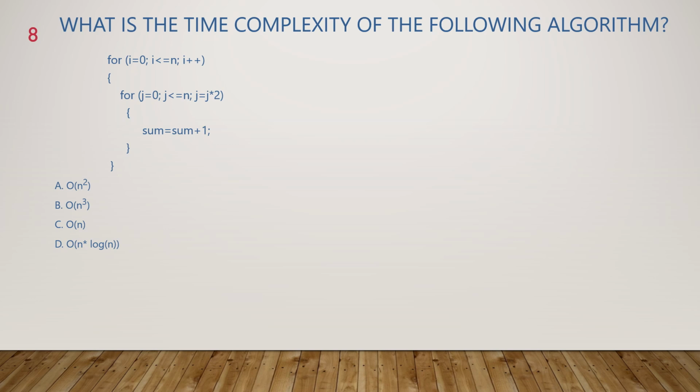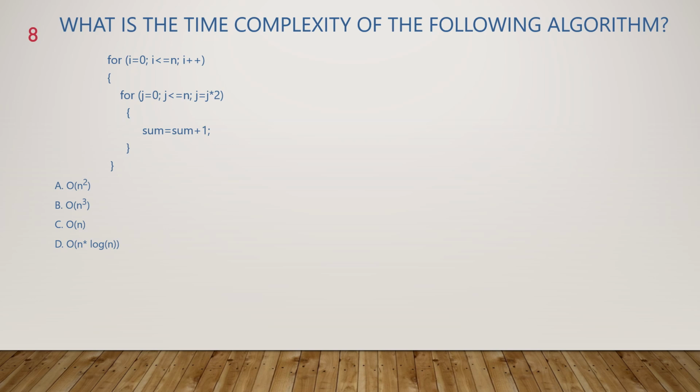Question number 8. What is the time complexity of the following algorithm? For i runs from 0, i is less than or equal to n, i plus plus, and the other one is a nested for loop, where j is equal to 0, j is less than or equal to n, and j is equal to j times 2.